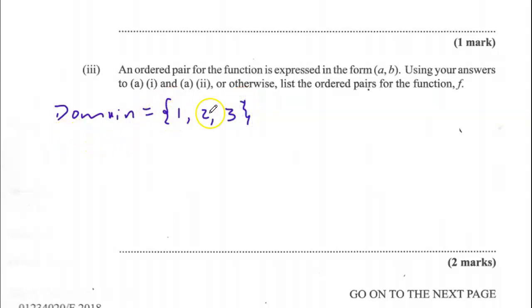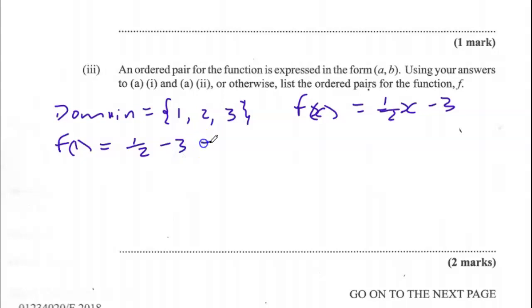So the domain are all the possible x values. For the y values, remember f of x was half x minus 3, and we found f of 1 to be half minus 3, which was equal to minus 2.5, or minus 5 over 2.